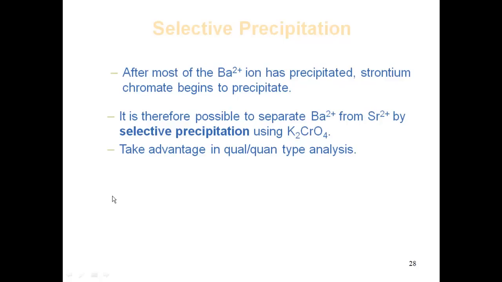Basically what you have is typically some solution that has maybe several metals in it, and then we add some reagent to that solution. Some of those metals will form solids, basically precipitate out, and some of them will stay in solution, meaning there'll be aqueous ions.